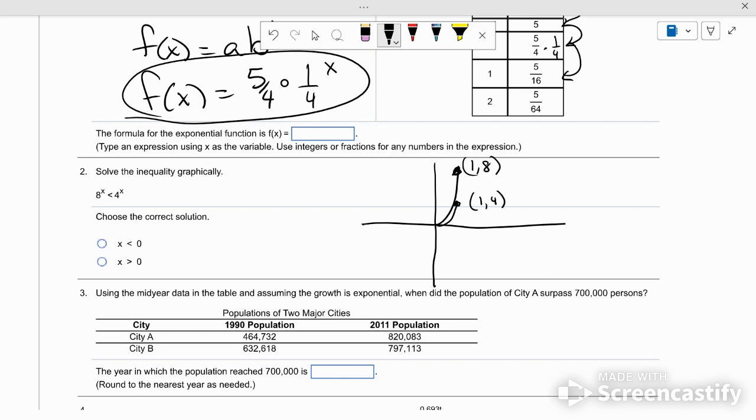Okay? Where is 8 to the x less than 4 to the x? Well, it's not where x is greater than 0, so it must be where x is less than 0.